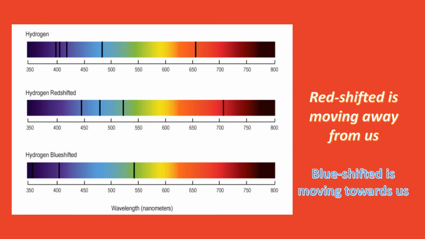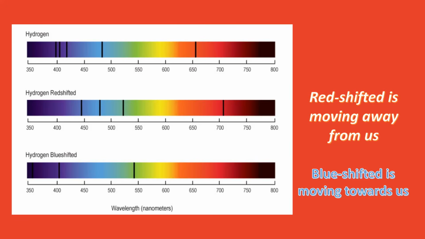So what you see on the screen are the equivalent of Fraunhofer lines for hydrogen, which you might see in the spectrum of the sun, perhaps at the top. But if you had another cloud of dust or gas, and if that was moving away from us, then those same lines for hydrogen get shifted towards the higher wavelength end of the spectrum.